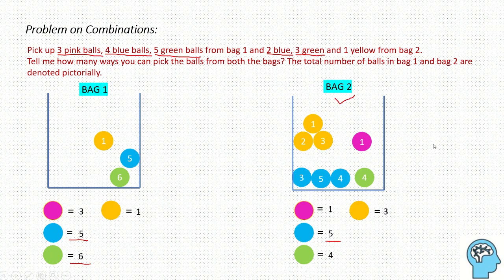Number of ways we can do it is 4C3. And just 1 yellow ball from a total of 3. 3C1 is the number of ways we can do it. Let's continue the solution in the next slide.